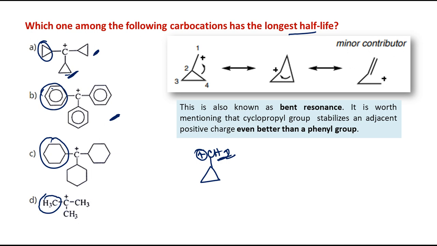What happens when you have this type of carbocation? This example we have already seen in the last video. Here the 2,4 bond will be broken and the 1,4 bond, that is the newly generated bond, forms, and there is also a minor contributor. So here the 2,4 sigma bond is basically stabilizing this carbocation.